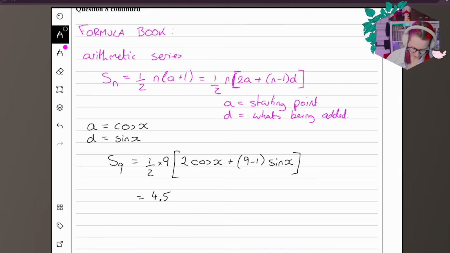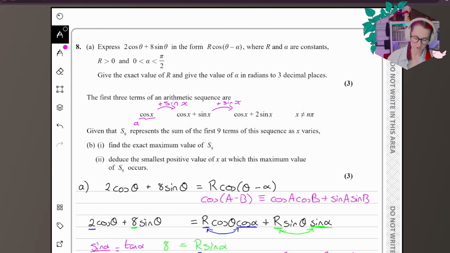We have 4.5 out the front, 2 cos x plus 8 sine x, which is precisely the thing we had in the start of this part, express 2 cos theta plus 8 sine theta. So we can rewrite it in this way.